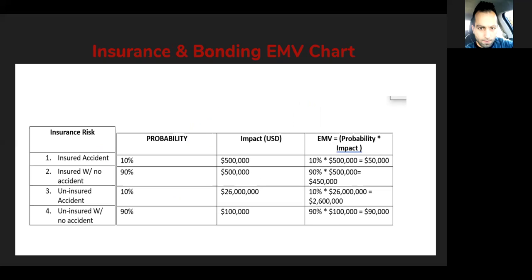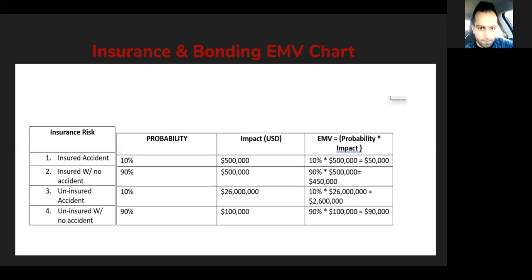So this chart shows the insured accident with probability of 10%. The impact in US dollars is 500,000. The EMV, probability times impact, is about $50,000. Going to uninsured accidents, the EMV impact is about $26 million. And with uninsured, no accidents, the EMV impact is about $90,000.